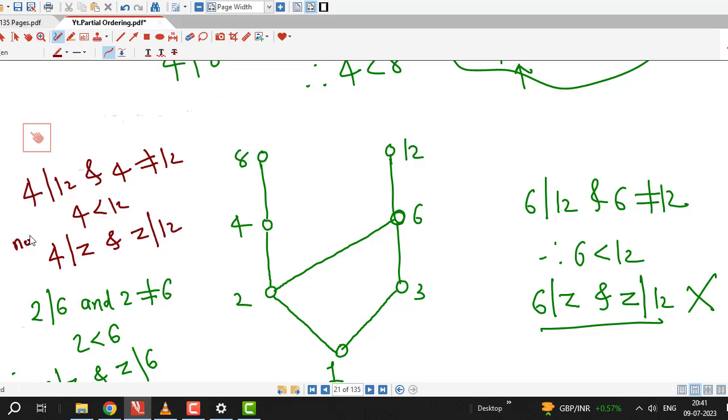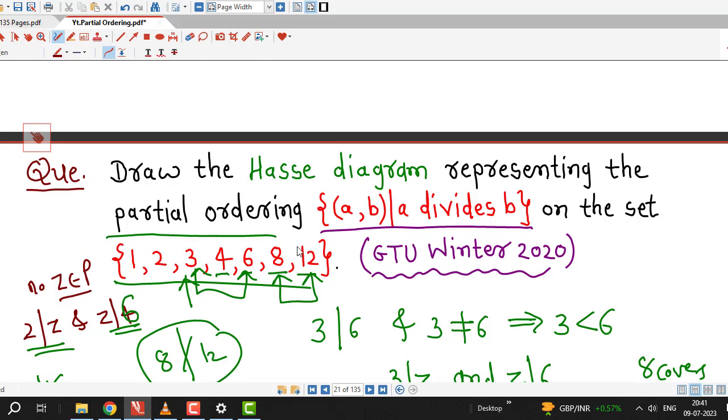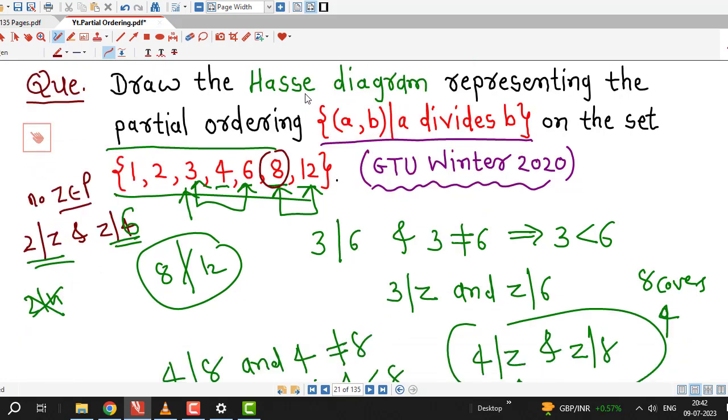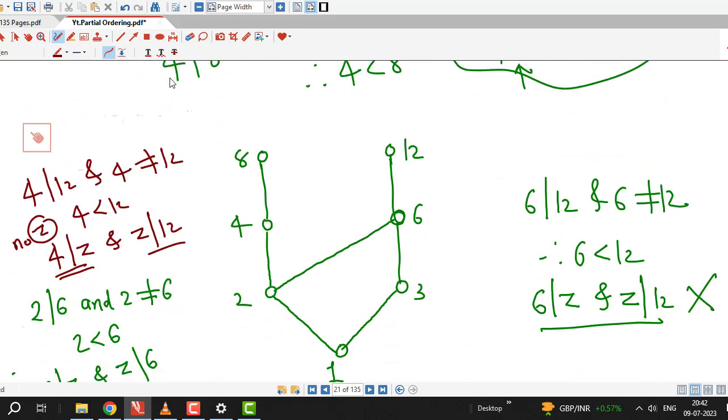There does not exist any z in the given set such that 4 divides z and z divides 12, because here 4 divides 8 also, 8 only, between 4 and 12. So 4 divides 8, but 8 does not divide 12. So we can say that there is no z such that 4 divides z and z divides 12. Therefore 4 is covered by 12, or 12 is a cover of 4.